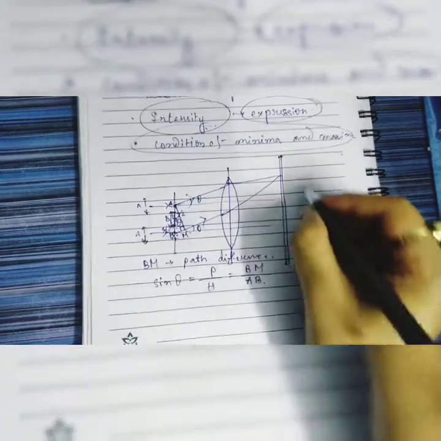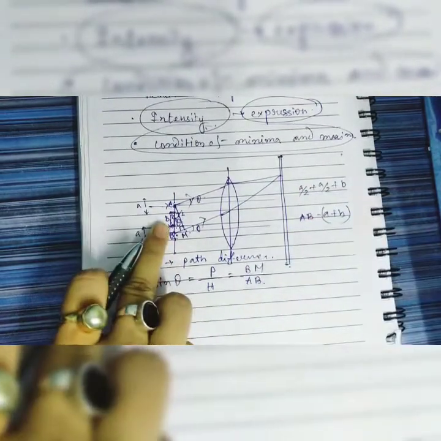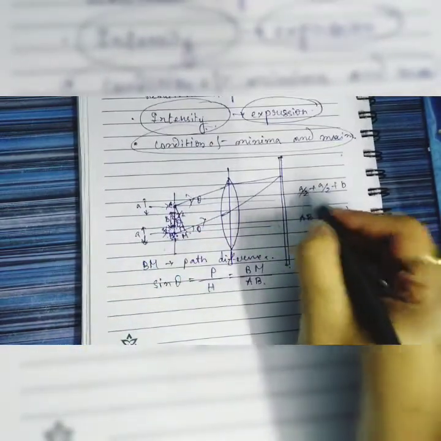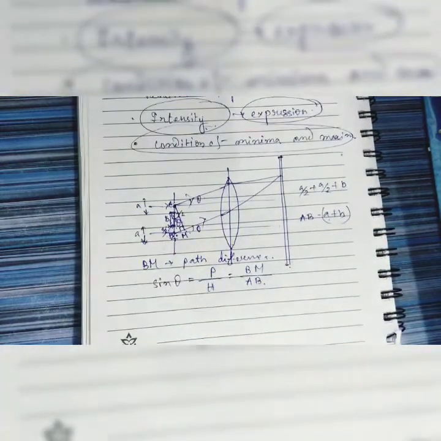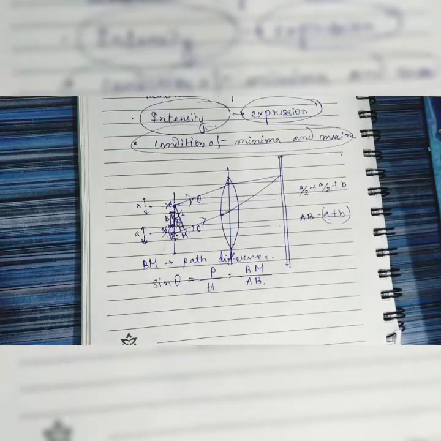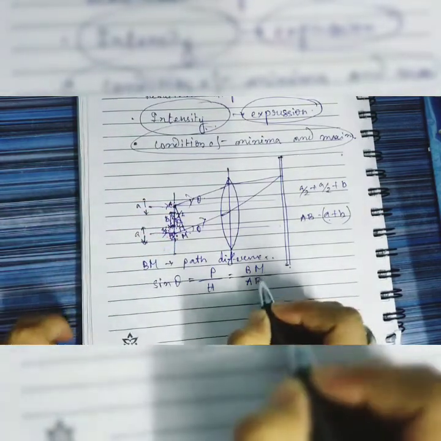So A by 2 plus A by 2 plus B, the opaque space between the slits. So AB is exactly equal to A by 2 plus A by 2, which is A, and after that it is B. So A plus B is the distance between the two parallel rays. So BM by AB.